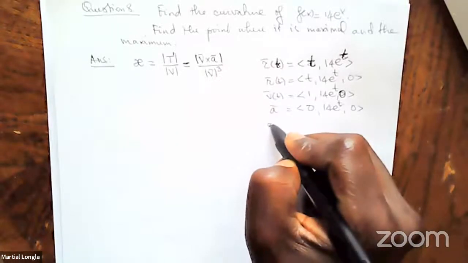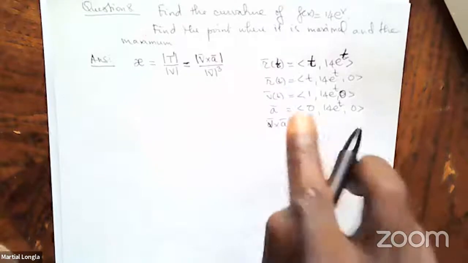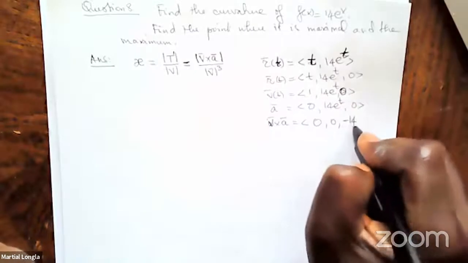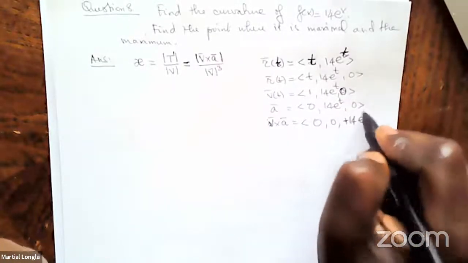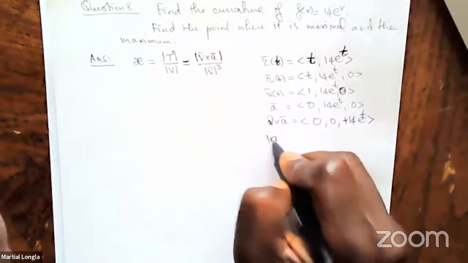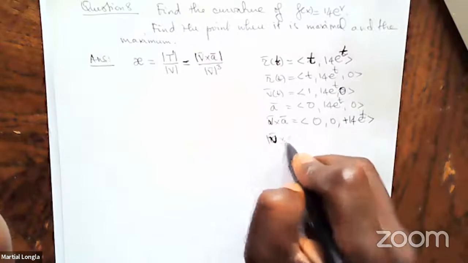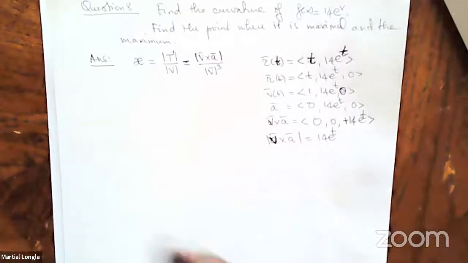Your v cross a is going to be 0, then 0, and then 14 e to the t. The magnitude of v cross a is 14 e to the t.